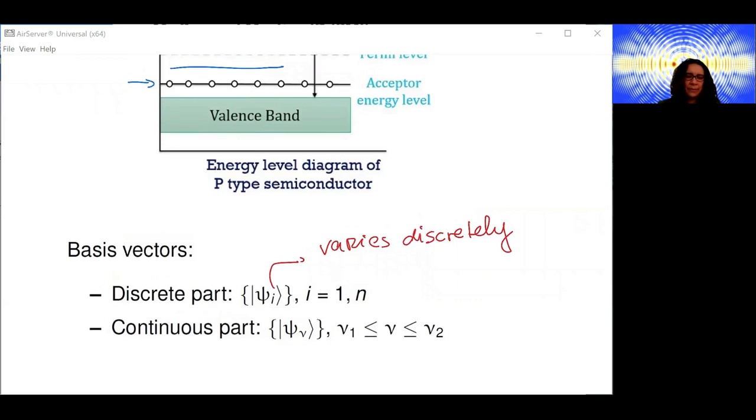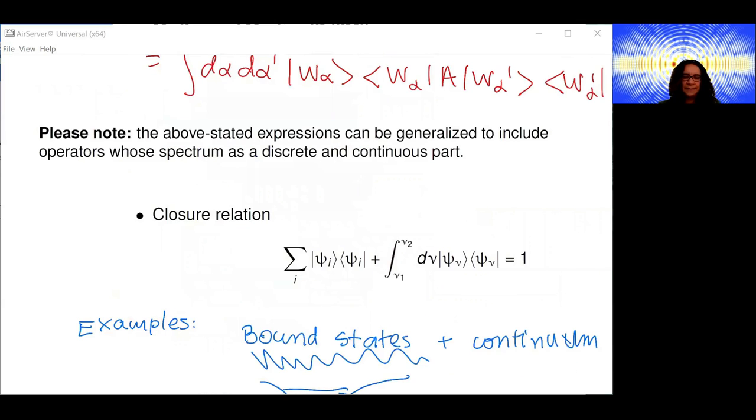And what you can see is, for instance, here, you have this sum over the discrete part of the spectrum, plus this integral, which ranges from nu1 to nu2, and this is a continuous region.